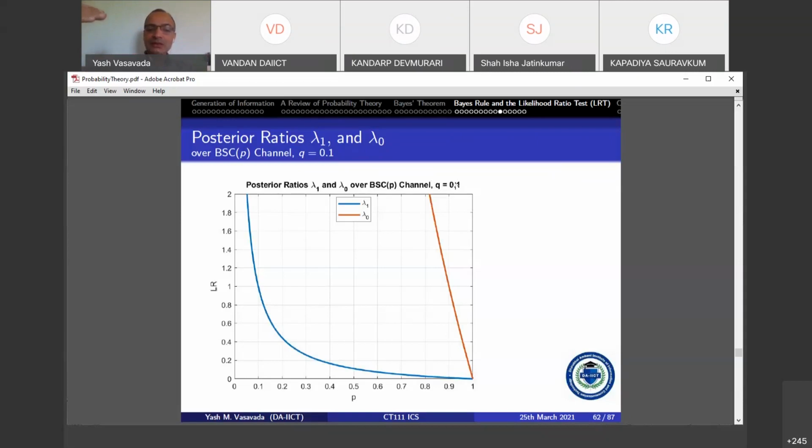Even if you observe y equal to 1, your belief that x is equal to 1 is still going to remain pretty small compared to x is equal to 0. Actually, even when p is equal to 0.4, you are still going to decide that the transmitted bit was 0, even though you got 1. Why? Because this blue value is less than 1 at p equal to 0.4.